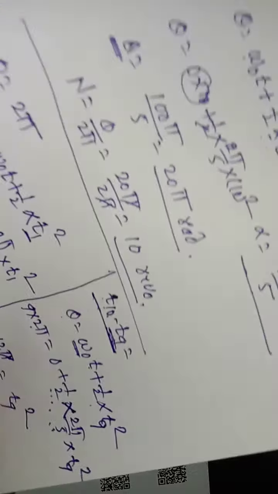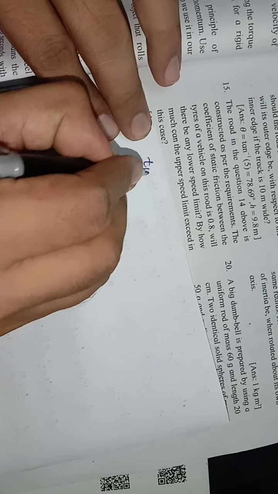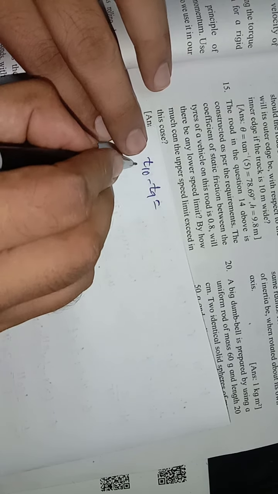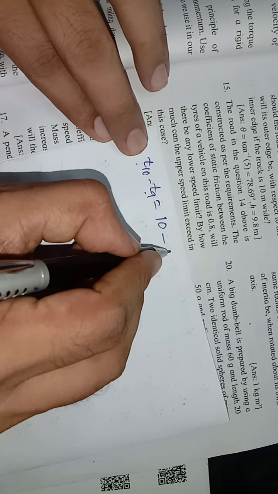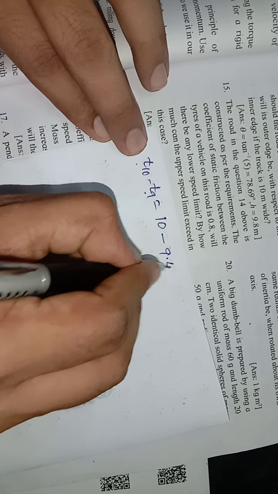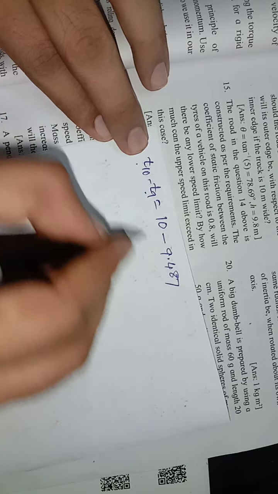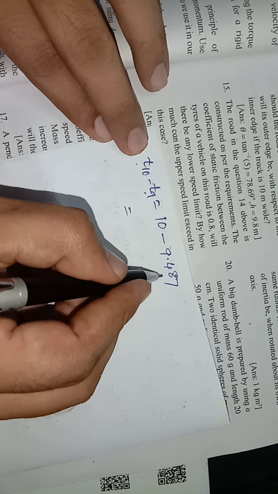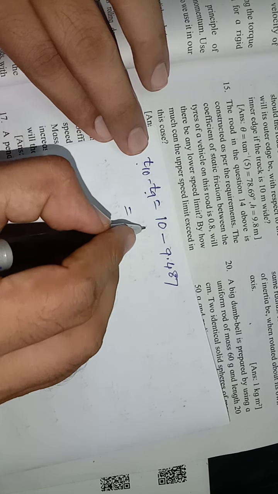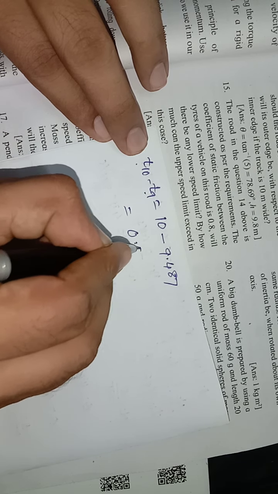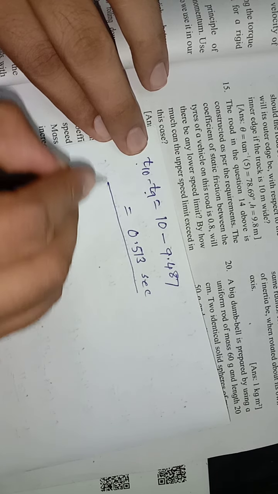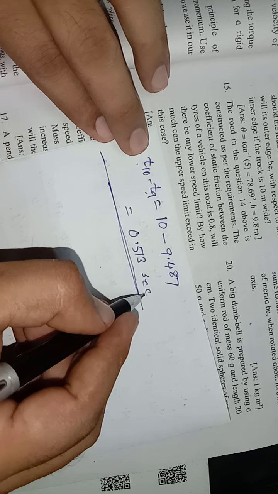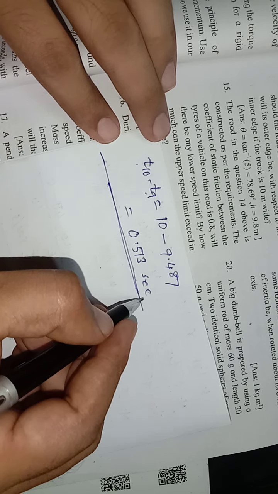We already know t10 is given as 10 seconds, and t9 we calculated as 9.487. So 10 minus this one, we get a magnitude of about 0.513 seconds. This is the time taken by the ant to complete its last revolution.